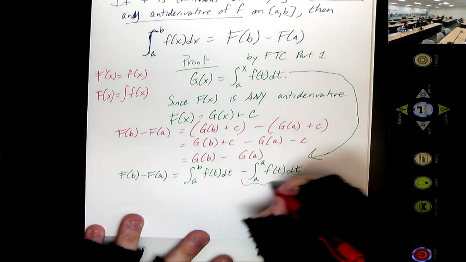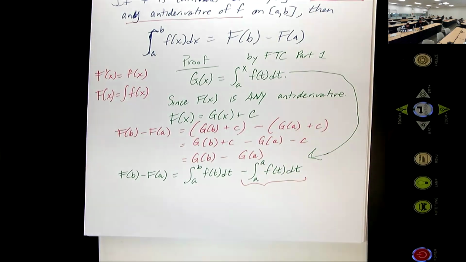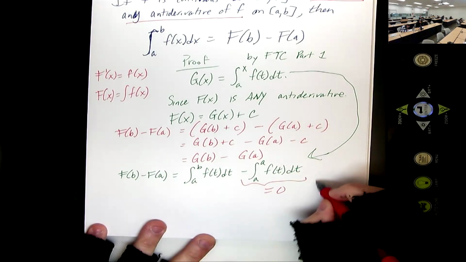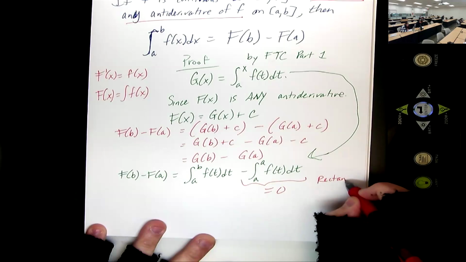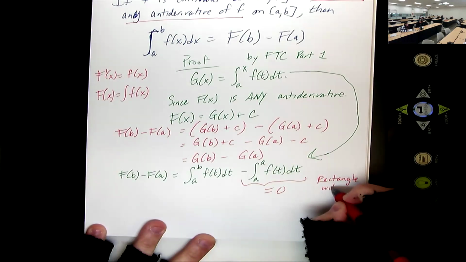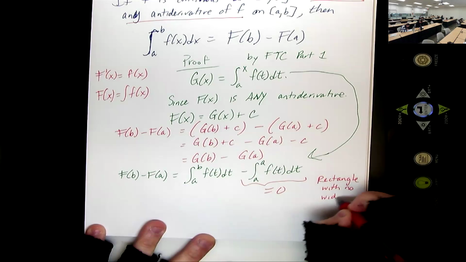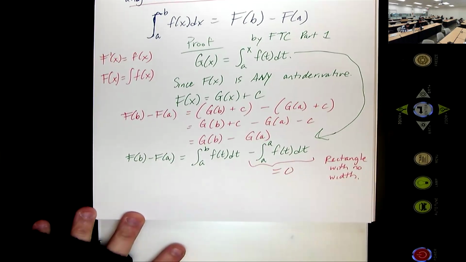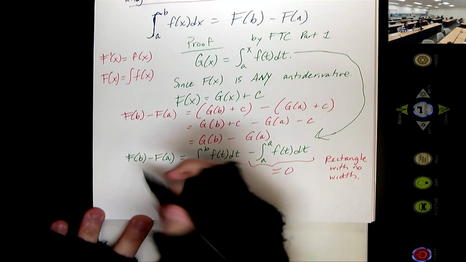This was one of our rules the other day as well. What does that equal? It equals 0. It's a rectangle with no width. So I end up with F of b minus F of a.